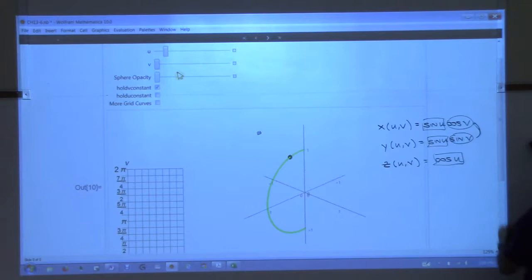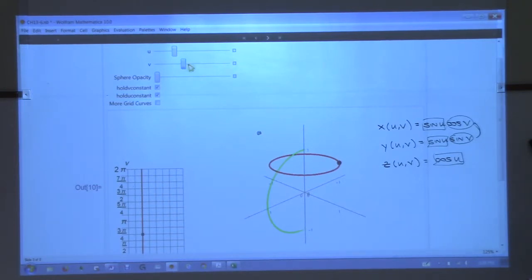And these are the two things that are changing, but again, they're sine and cosine. So I should be drawing circles again, but now it's going to be like this. That's kind of hard to see again, so I'll hold u constant. Let me move them. Okay, right there. And let v change, and I draw that circle, right?